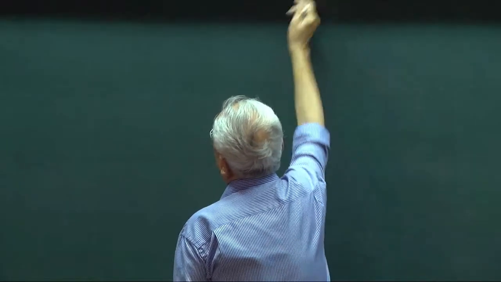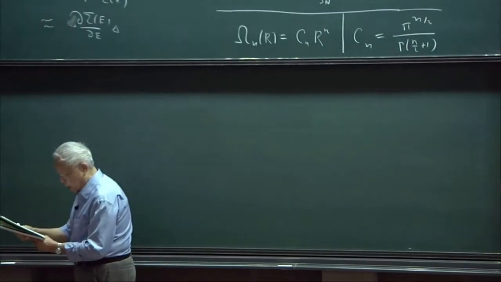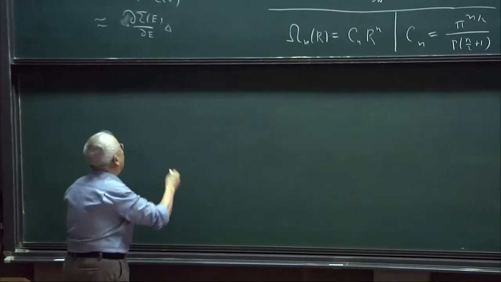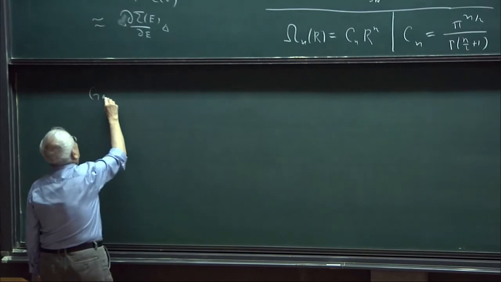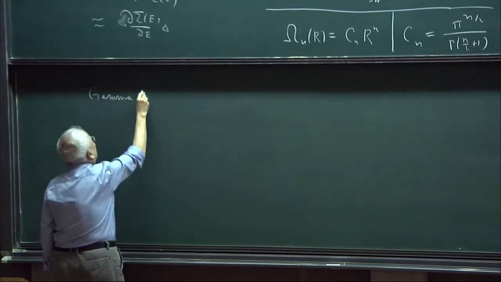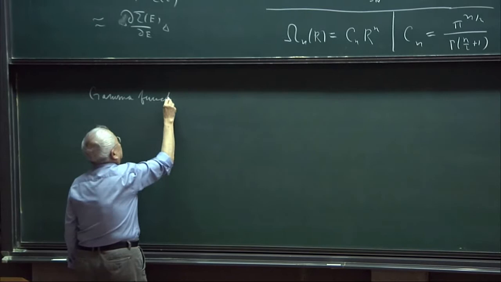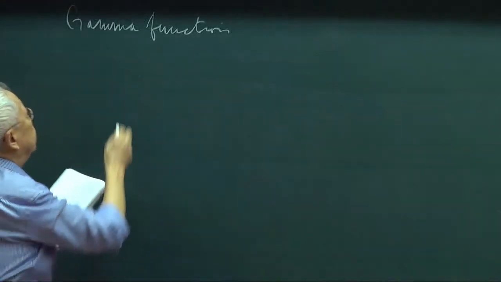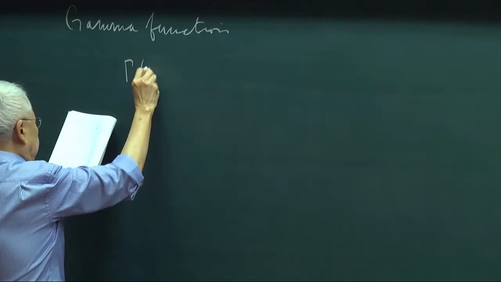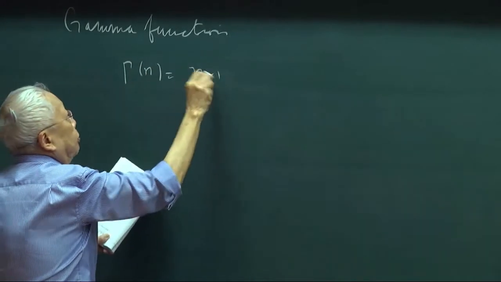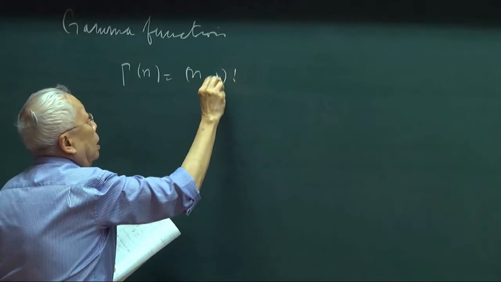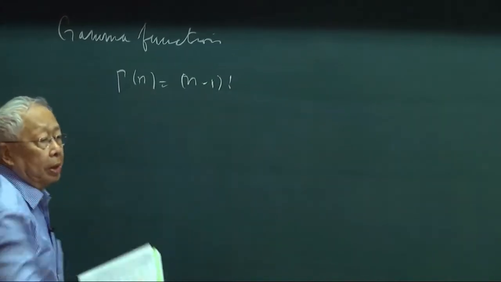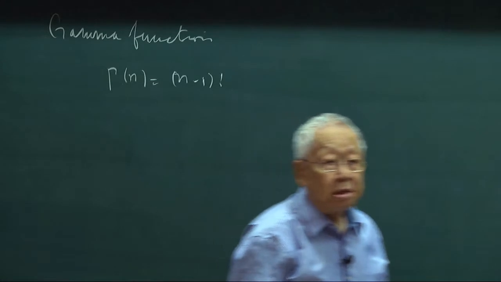This gamma function, I remind you, is just the analytic continuation of the factorial. Gamma of n is equal to (n minus 1) factorial for integer n, and for complex n it's an analytic continuation from those points.